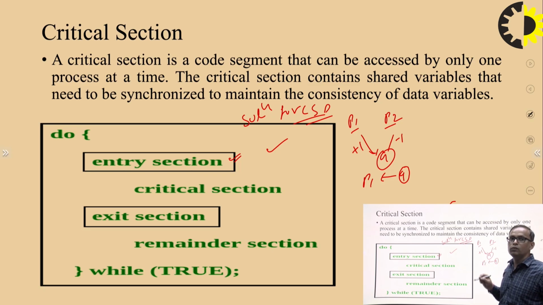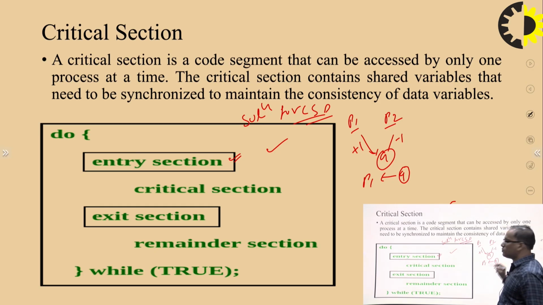This is the main objective of the critical section. We have to prevent P2's access to A until P1 completes its task.